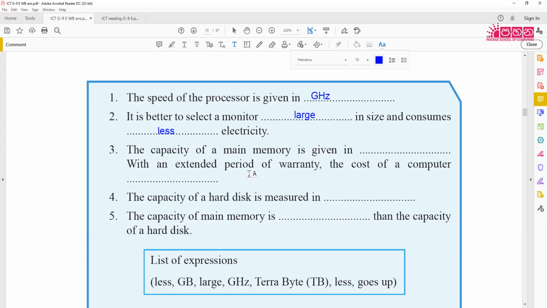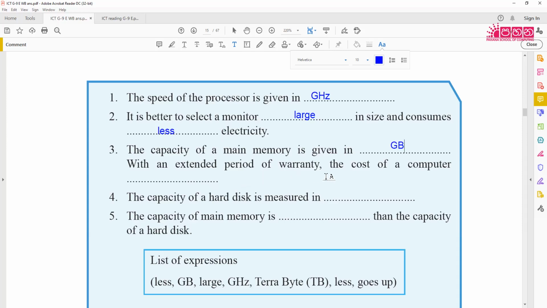What is the capacity in main memory? That is RAM, right? Yes, if you remember, it's in gigabytes, right? Usually 2 GB, 4 GB, 8 GB, 16 GB, and so on. Not more than that, right? So we can say that it is given in gigabytes, yes.